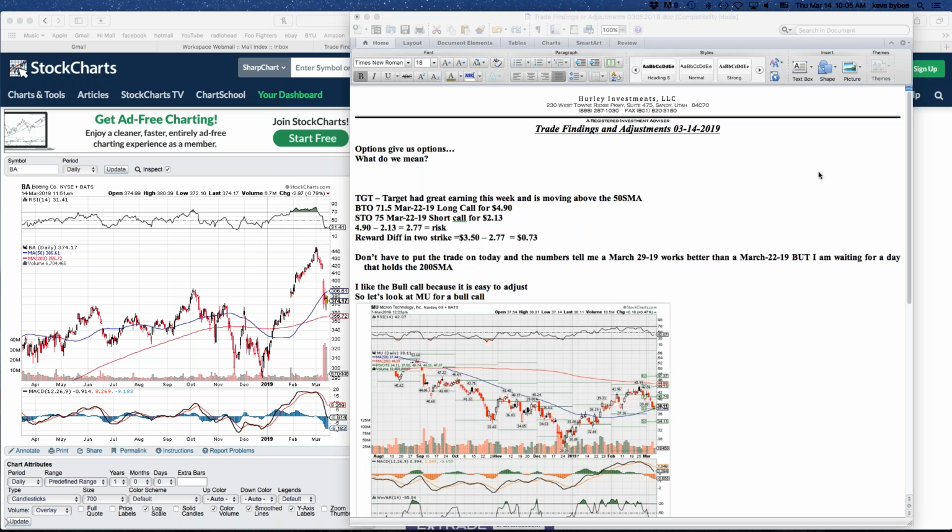Can anyone tell me, you could come up with plenty of answers, but just give me an idea what you think some of the biggest weaknesses of options are. Give you just a second.